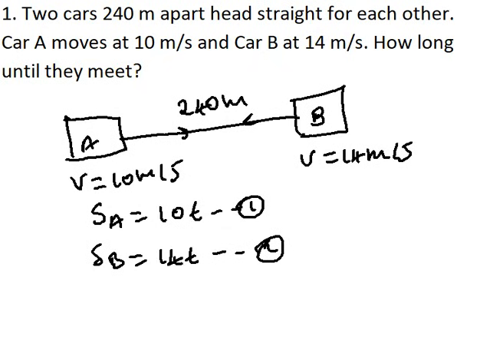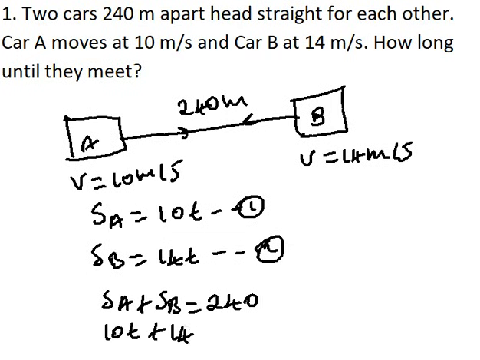Then from there we have to understand that SA plus SB has to be equal to 240. What is SA? We have it as 10d plus 14d equals 240.